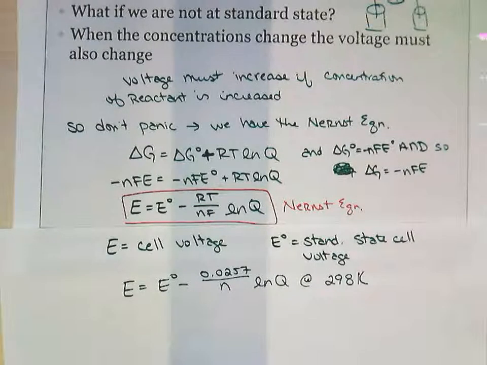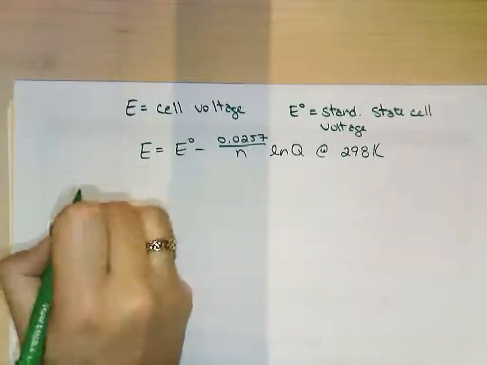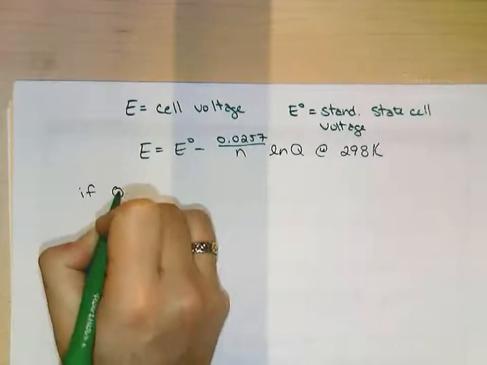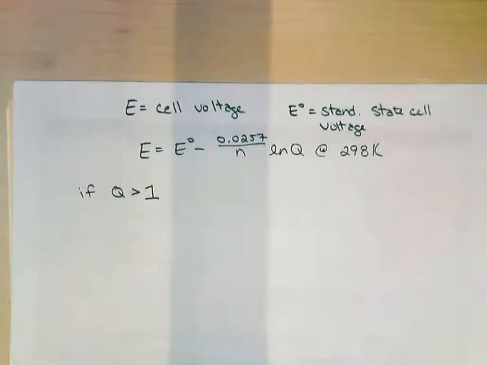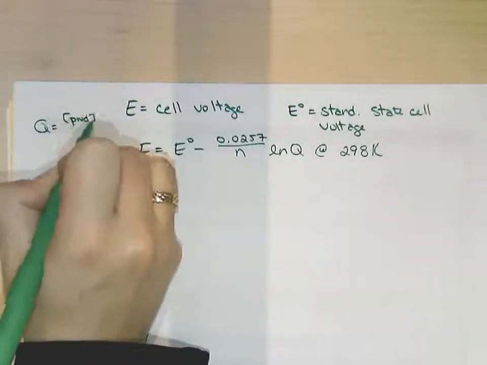All right, last thing today, let's think through what this equation means. Let's say we're at a state where I have a Q greater than 1. Do I have more reactants or more products? I have more products, right?